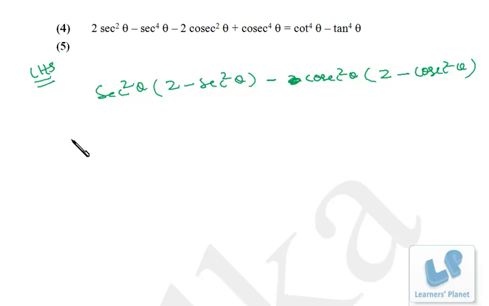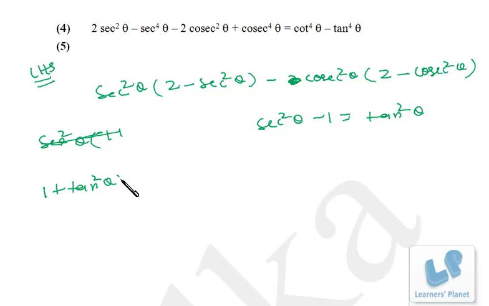Now, what I can do, I just say we know that sec square theta minus 1 is equal to tan square theta. So in the left hand side we want the expression to be in cot and tan. So I try to replace sec square theta with tan square theta. I put the value of sec square theta as 1 plus tan square theta. Here 2 minus 1 minus tan square theta.